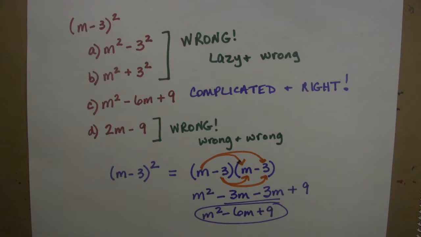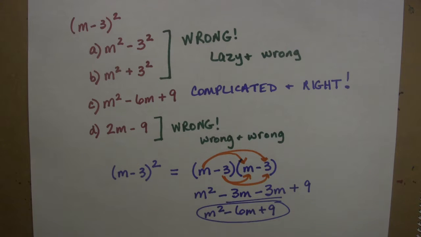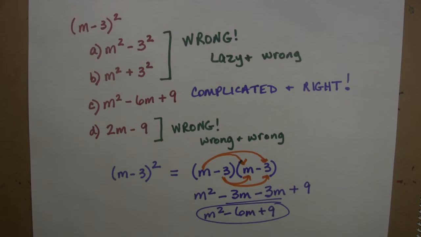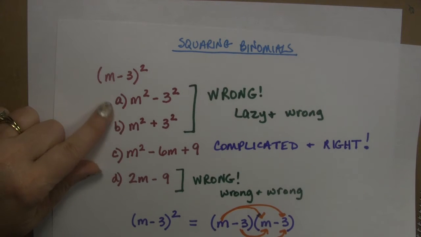Now, here's an interesting thing about students. I would say probably 80% of you are going to say, oh, I get it. I have to write it like this and FOIL it out and get the complicated answer. But there will be 15 to 20% of you who are just going to insist that you can do the squaring of binomials in your head, and that somehow one of these answers is going to be right.